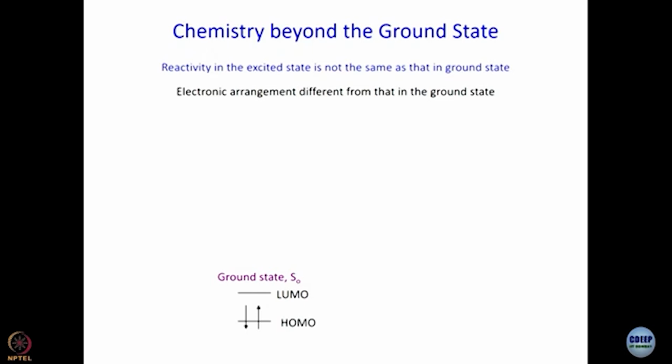If I denote HOMO by small h and LUMO by small l, h2 l0. Now let us say I performed a HOMO to LUMO excitation. Now what is the configuration? h1 l1. So configuration is different. If configuration is different, reactivity can be different. I am not saying that it has to be different, but it can be different. That is first point to take home.